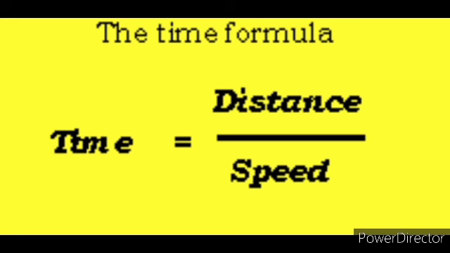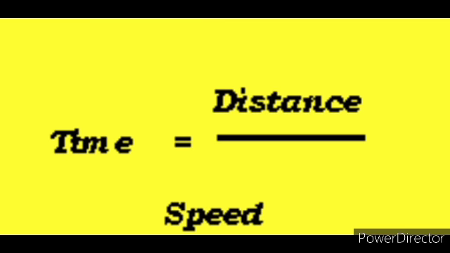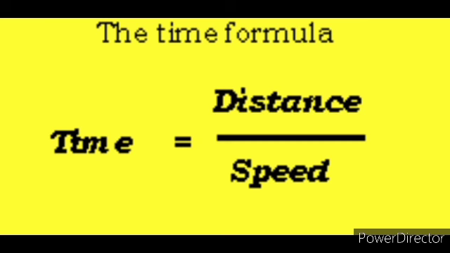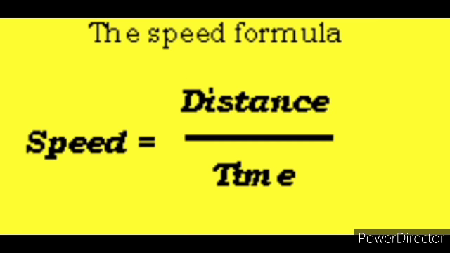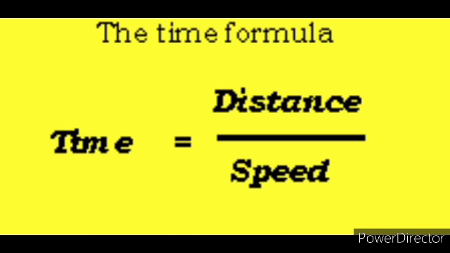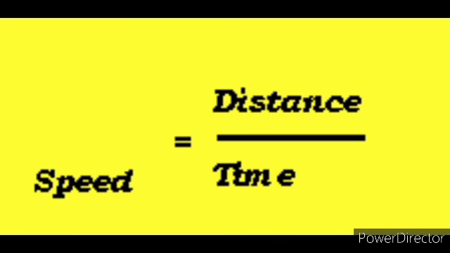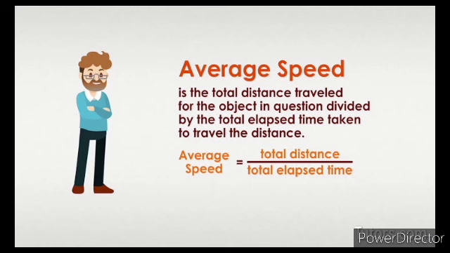The SI unit of speed is meter per second. This is also represented by the symbol m/s. The other units of speed include centimeter per second and kilometer per hour. Therefore, the average speed of an object is obtained by dividing the total distance travelled by the total time taken.